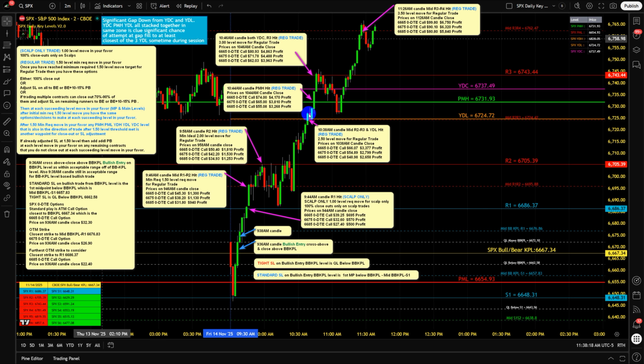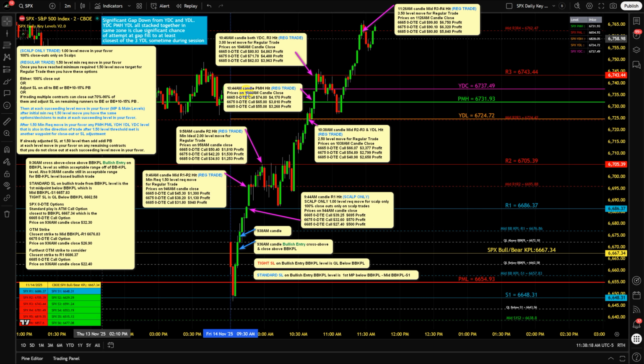As you can see here, it's holding after the popping above, holds YDL and the midpoint level on this candle here, and then resumes. Then here at the 10:44 a.m. candle, we have the pre-market high getting hit. Not only hits, it closes above it.